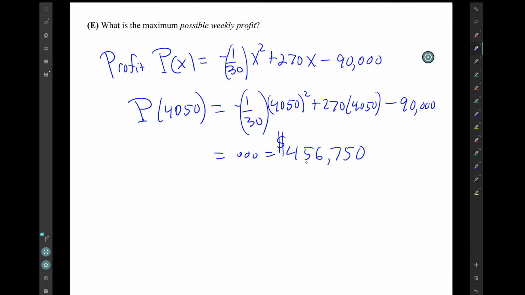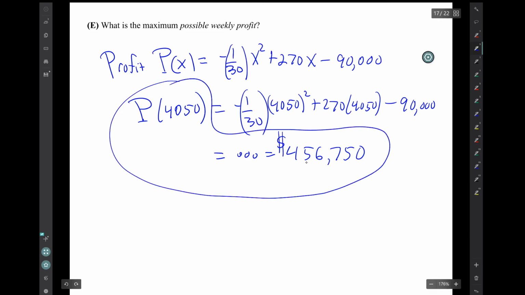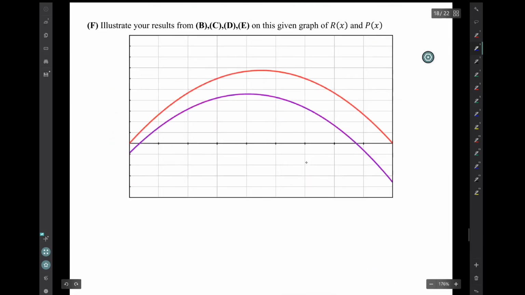So the result is the maximum possible weekly profit is this value, $456,750.